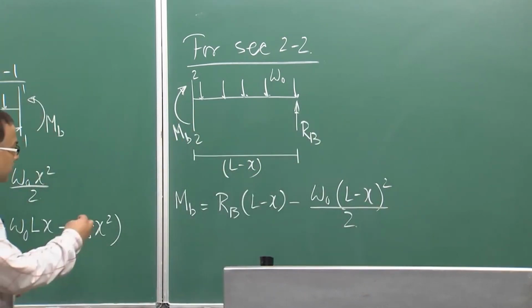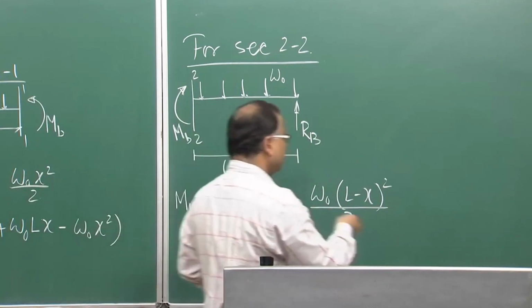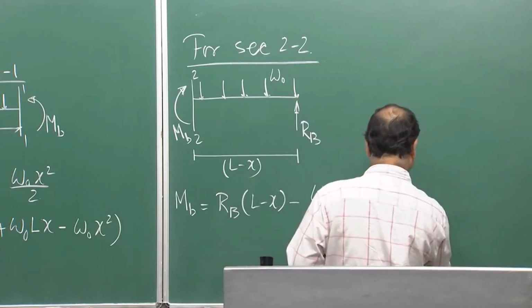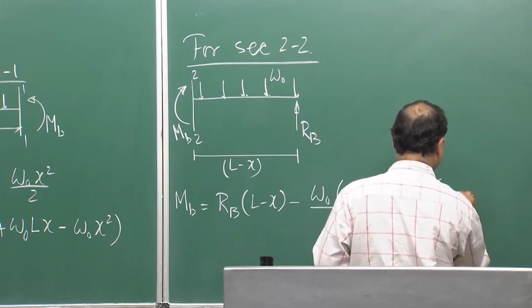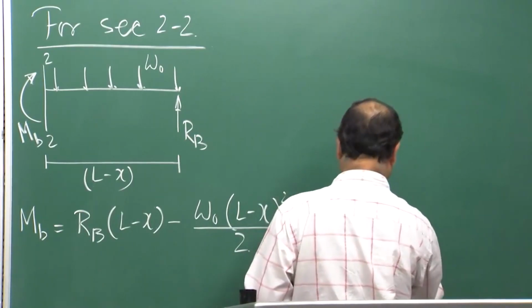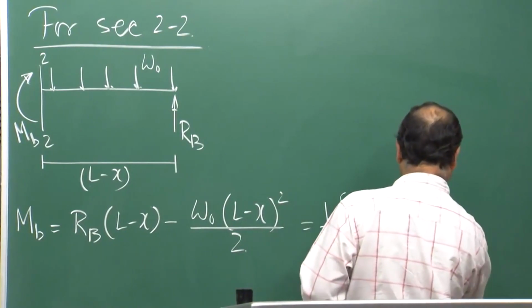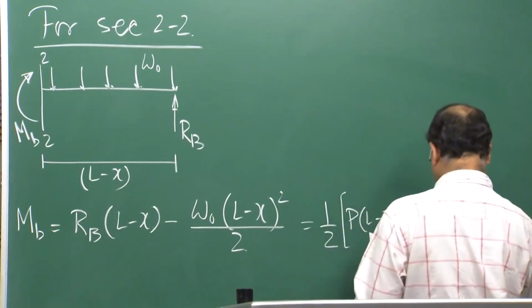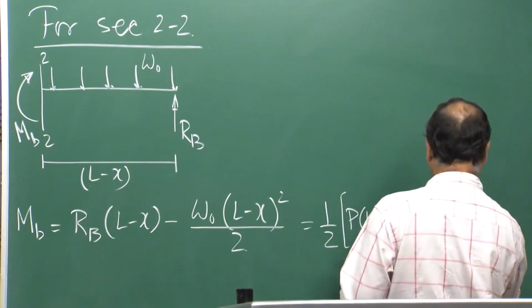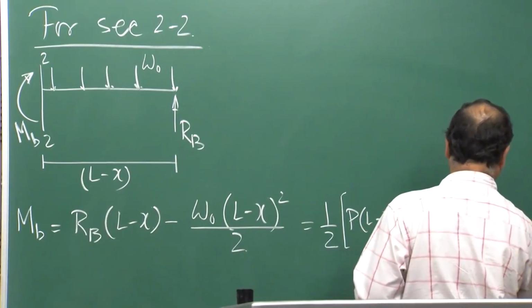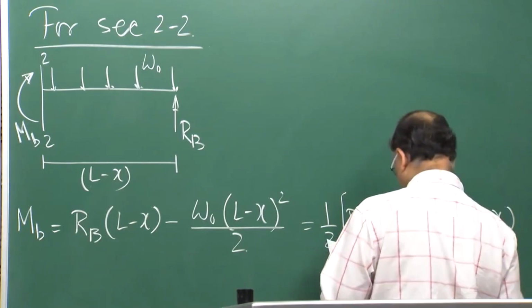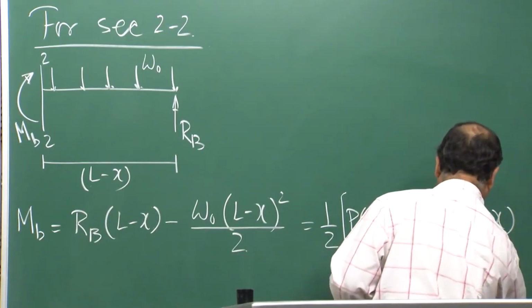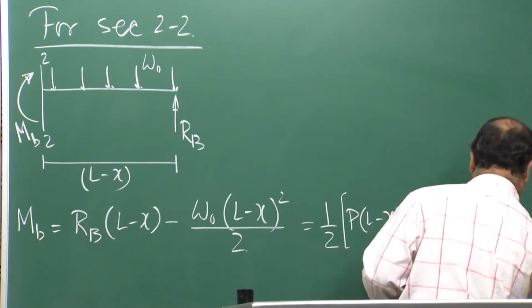Okay. So, if you simplify by putting the value of RB, that will be equal to half P into (L minus x) plus W naught L into (L minus x) minus W naught (L minus x) whole square.